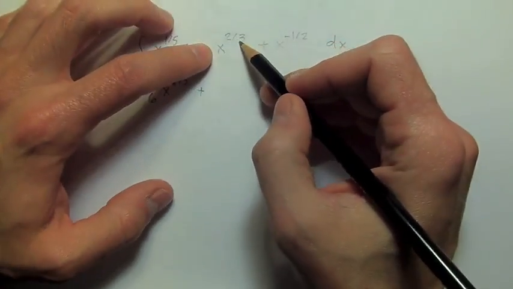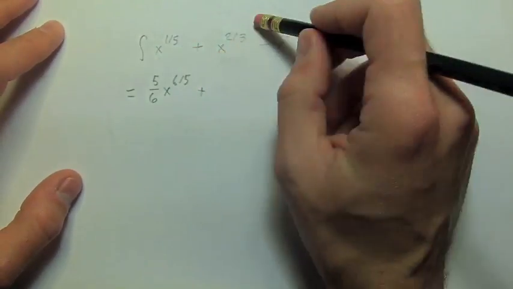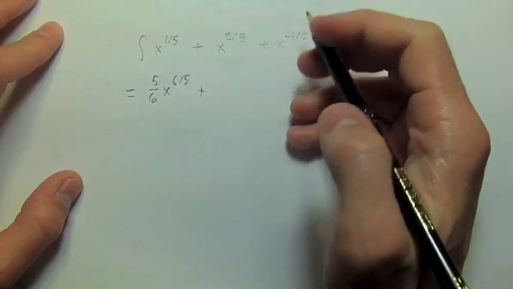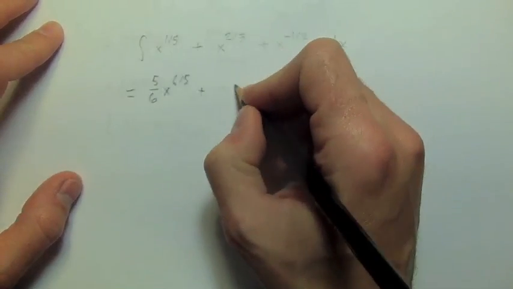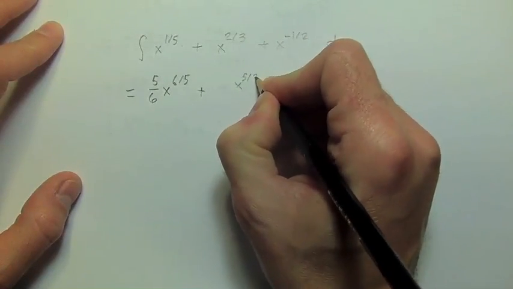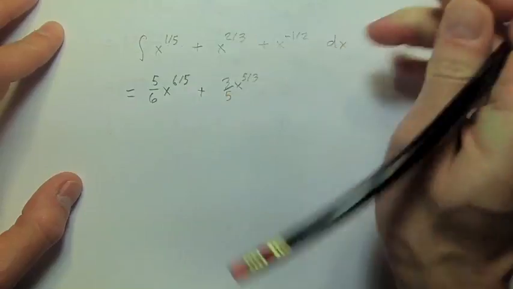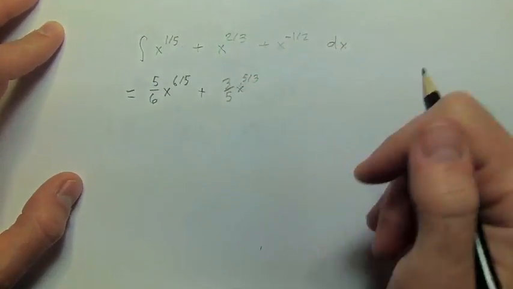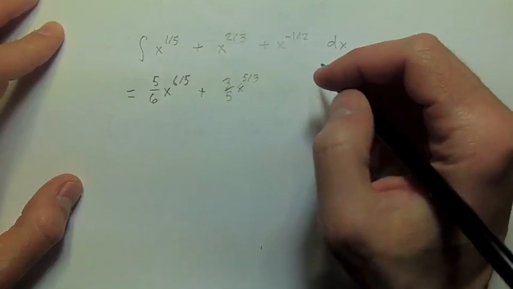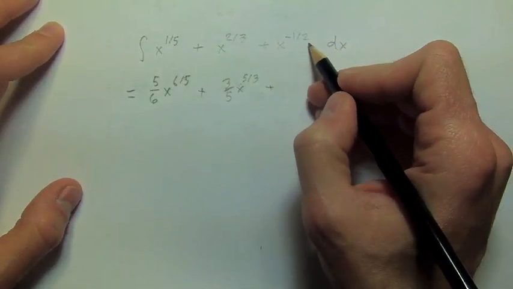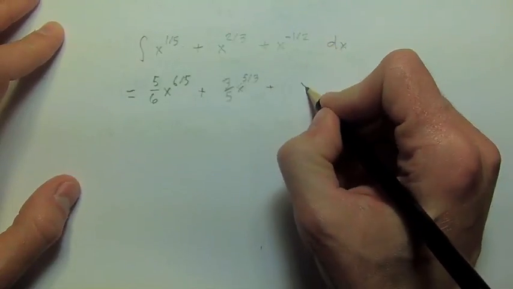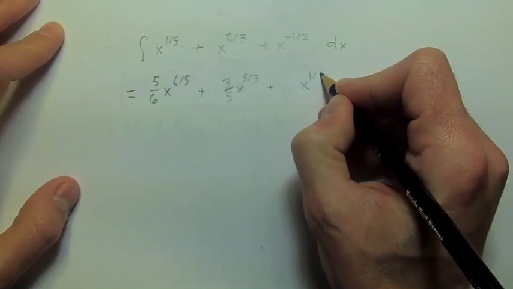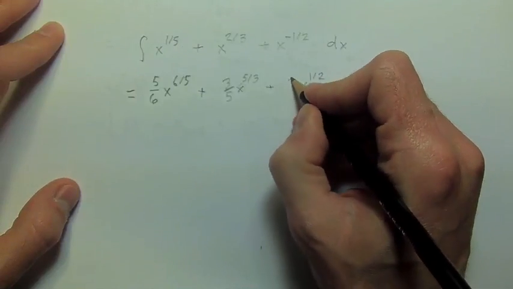So 2/3 plus 1, that'll be 2/3 plus 3/3, so that will be x to the 5/3. And here, negative 1/2 plus 1 is 1/2, and the reciprocal of 1/2 is 2.